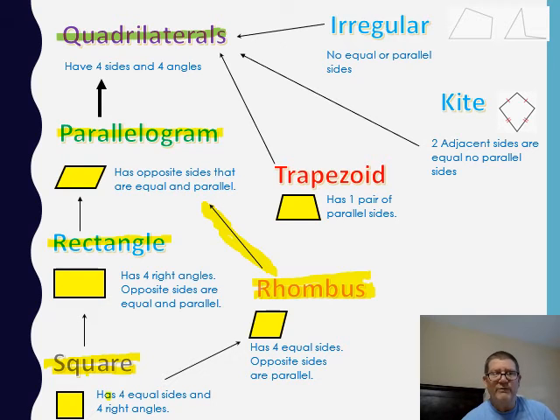Now let's talk about a couple others. Here's our trapezoid. Remember, trapezoids only have one pair of parallel sides. So in all actuality, I forgot something here, so I'm going to put it in.